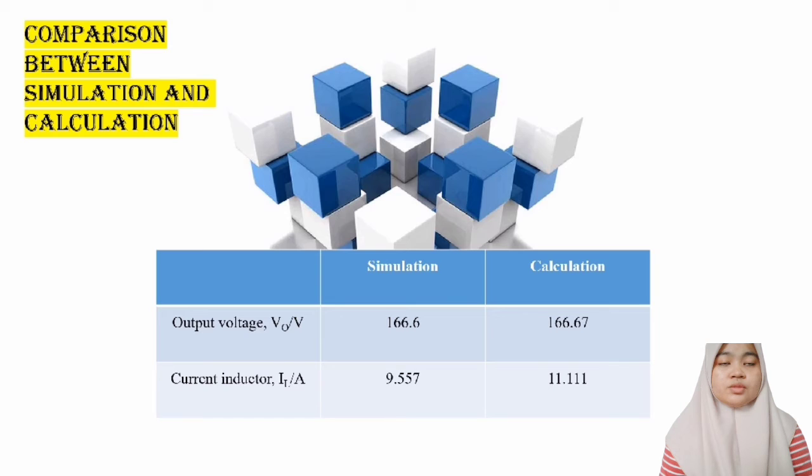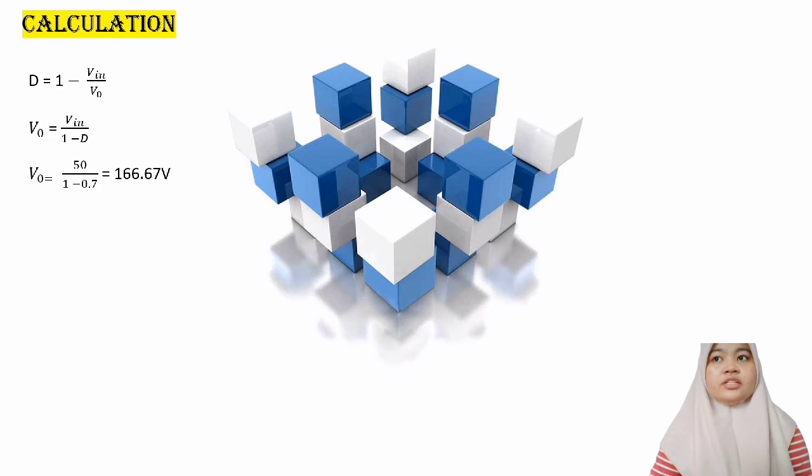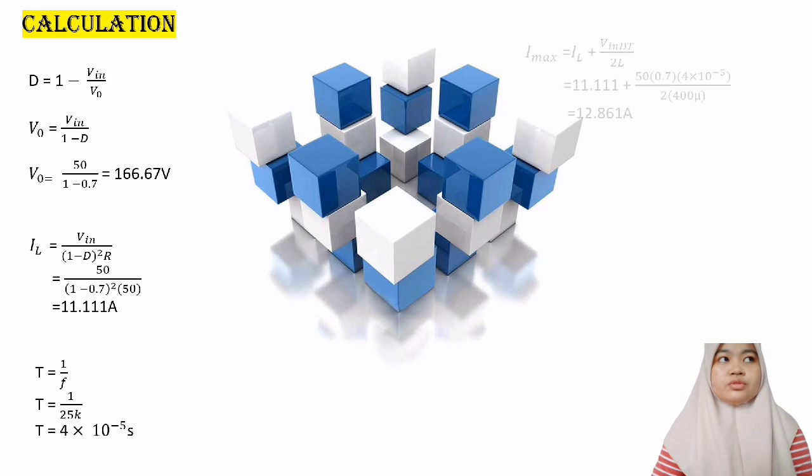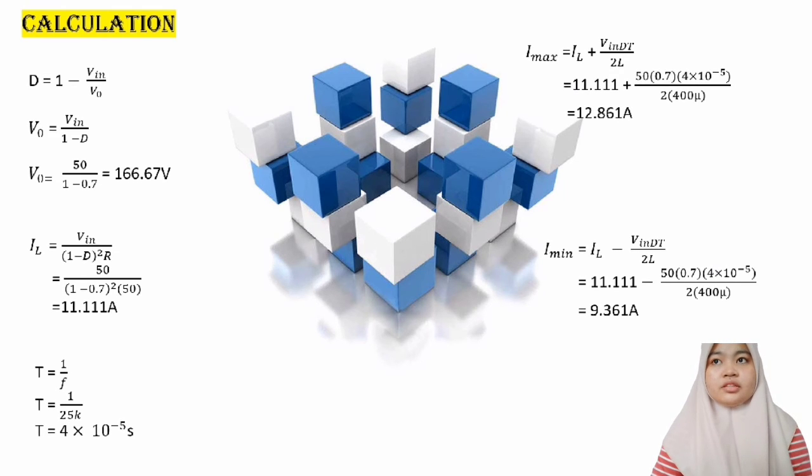For the inductor current, for the simulation we got 9.5557 ampere, and for the calculation we got 11.111 ampere. Now we go to the calculation part, which shows how we get the value of the output voltage and the inductor current.